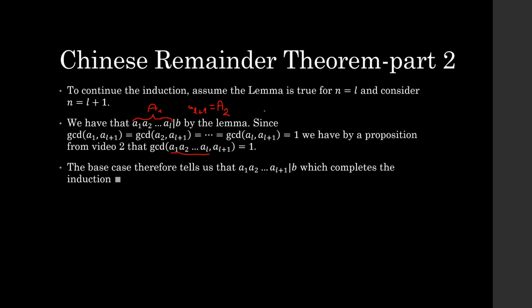And so we've got that A1 divides b, and A2 divides b. We want to show that A1 A2 divides b. But we're given that their greatest common divisor is equal to 1, so these guys are coprime. By the base case, because we did the base case already for two numbers, that tells us that A1 times A2 divides b. Re-expanding from our definitions, this whole thing divides b, which is exactly what we need, and that completes the induction.